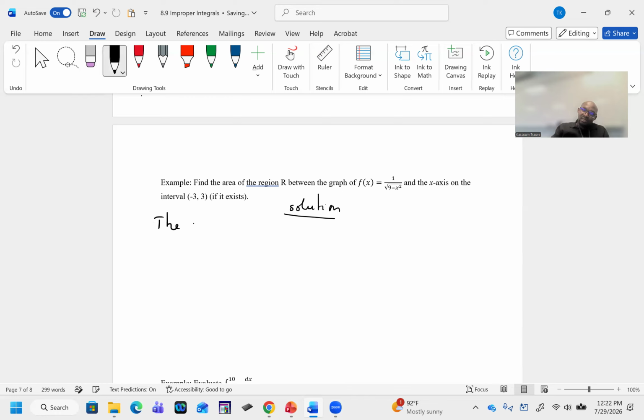Let me write: the integrand is even, so by symmetry, and it has vertical asymptotes at x equal to plus or minus 3.